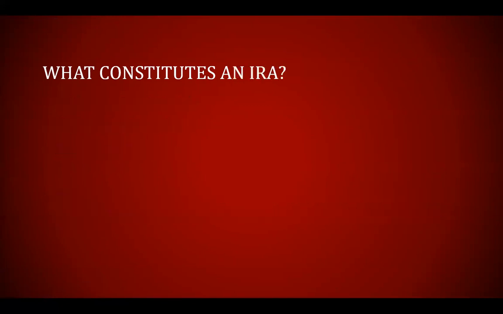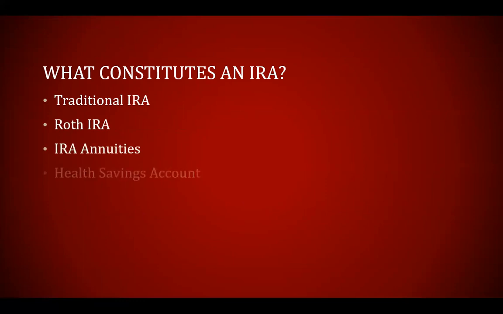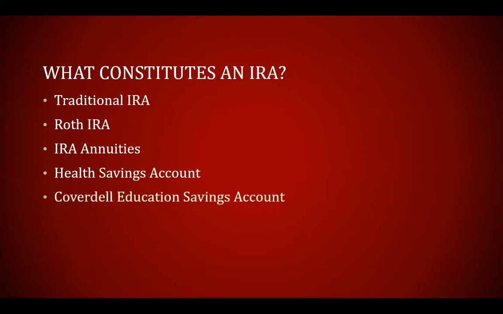Now, interestingly enough, under this new rule, what constitutes an IRA may extend beyond what you have considered up to this point as an IRA. Now, we're talking traditional and Roth IRAs, of course, but also IRA annuities are covered under this, as are health savings accounts, Coverdell education savings accounts, and Archer medical savings accounts.